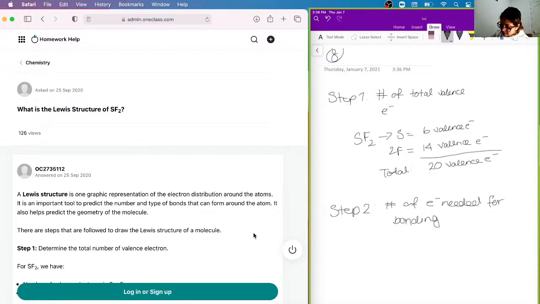Since there are 2 fluorine atoms, we would need 2 bonds, hence 4 electrons needed for bonding.